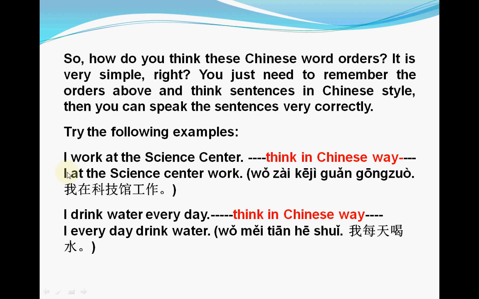So I is the subject. At the science center is where, and work is verb. We don't have when, we don't have how, we only have where. So you can say 我在科技馆工作. 我 I, 在科技馆 at the science center, 工作 means work.